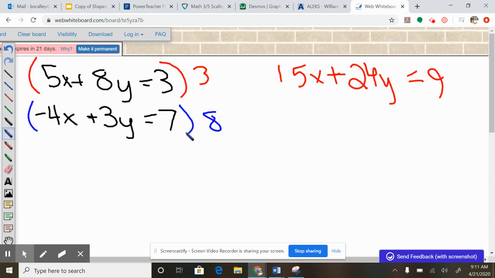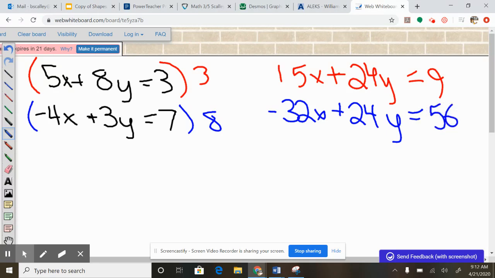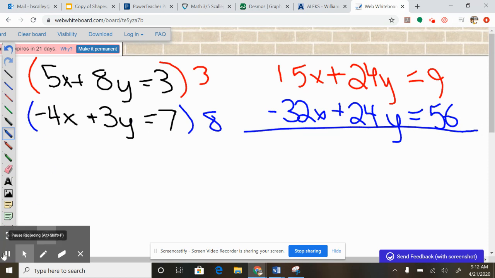Multiply the bottom equation. 8 times -4x is going to be -32x. 8 times the 3y is going to be 24y, which now you see they match. They have matching coefficients. And 8 times 7, I'm going to get 56. So these are my two equations.